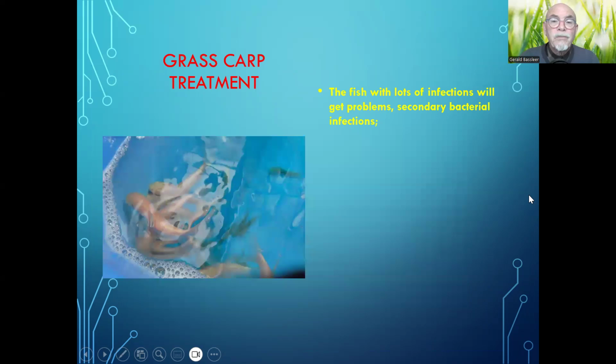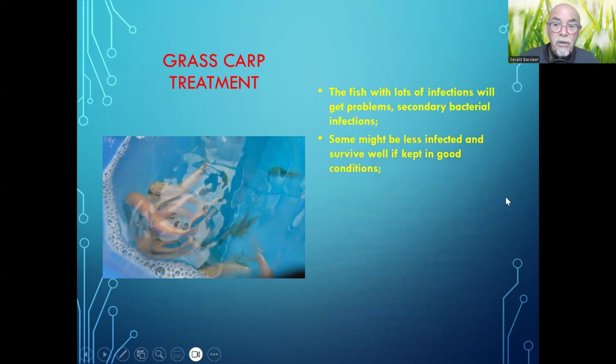So the treatment, well, the fish that has a lot of those tubercles in the gills and a lot of those metacercaria will become weak and get other problems, and usually they will get secondary bacterial infections. Infection number three. So you have first the Mycobacterium, you have the metacercaria, and then third, you have other bacteria that will pop up and eventually affect the fish with tail rot, ulcers, bad organs.